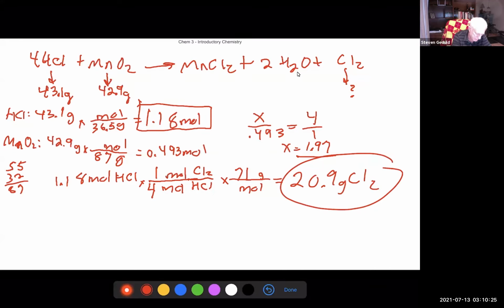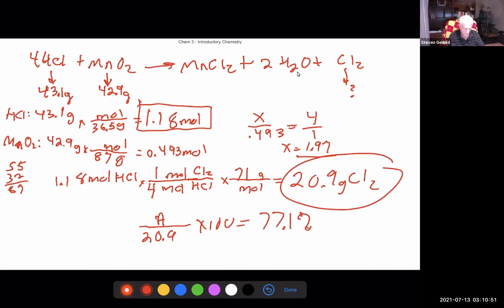Your percent yield is your actual yield divided by your theoretical yield times 100.